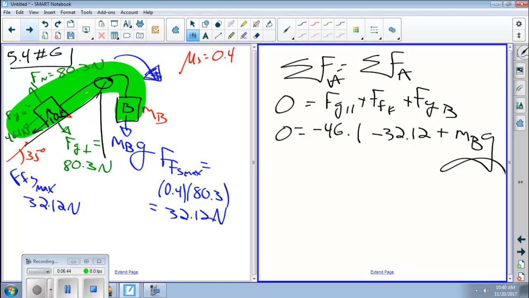How'd you get 46.1? It was the parallel component of gravity. So 9.8 times the sine of 35 times the mass. Is that not what it is? No, that's 56. I got 56.1. Oh, maybe that. Somebody lied to me.